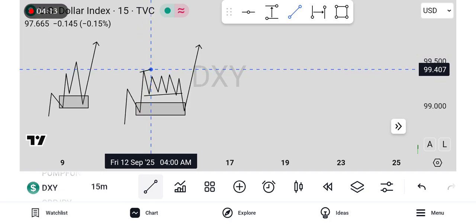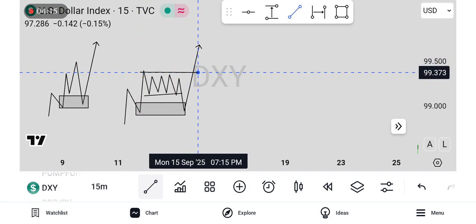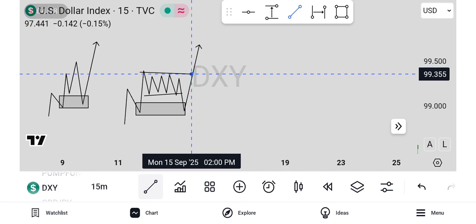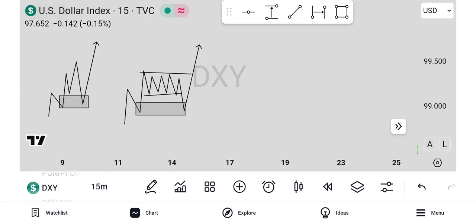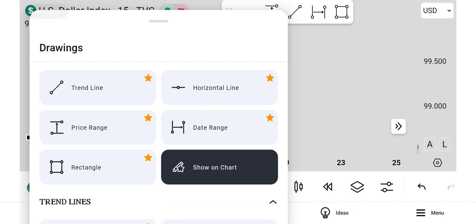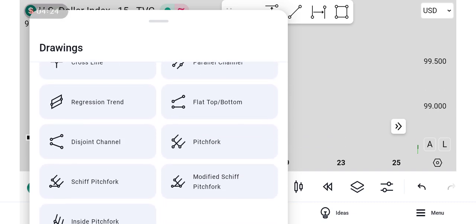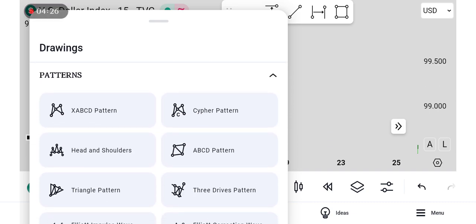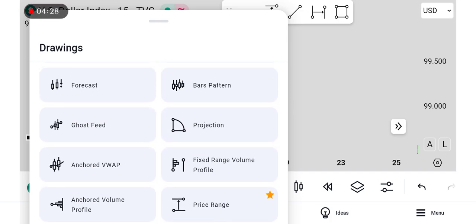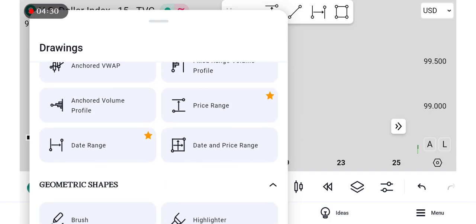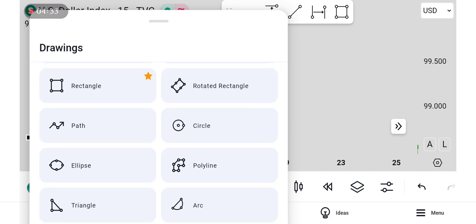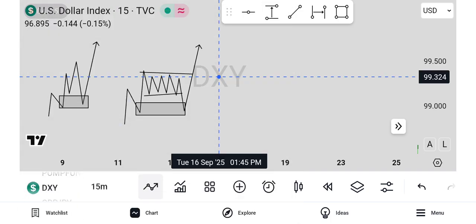So that's broken structure. Now, after breaking structure, what you should be looking for is either an inducement or order block with inducement or liquidity where price will sweep before tapping on the order block.